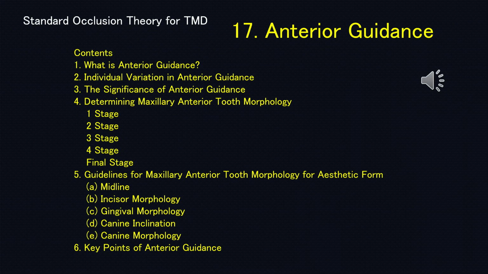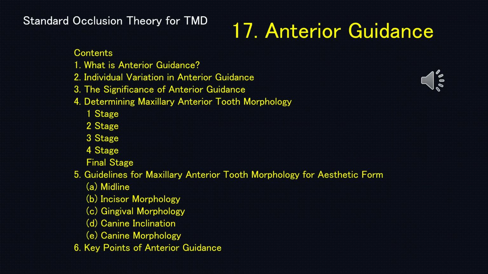17. Anterior Guidance. Contents. 1. What is anterior guidance? 2. Individual variation in anterior guidance. 3. The significance of anterior guidance. 4. Determining maxillary anterior tooth morphology: 1 stage, 2 stage, 3 stage, 4 stage, final stage. 5.